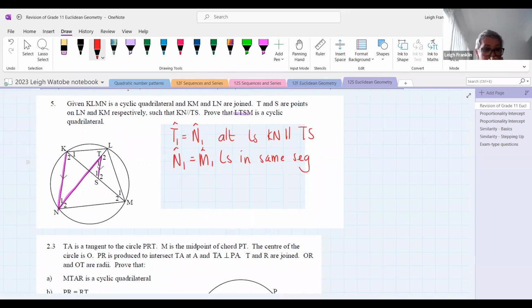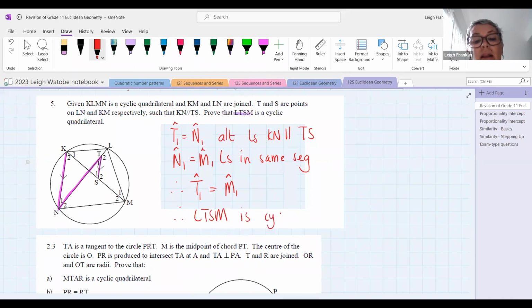N1 is our bridge. It is our link between T1 and M1. So if T1 equals N1 and N1 equals M1, we can now conclude, and this is very important to do because we're going to get a mark, that T1 and M1 are equal. And because T1 and M1 are equal, that is what makes LTSM cyclic.